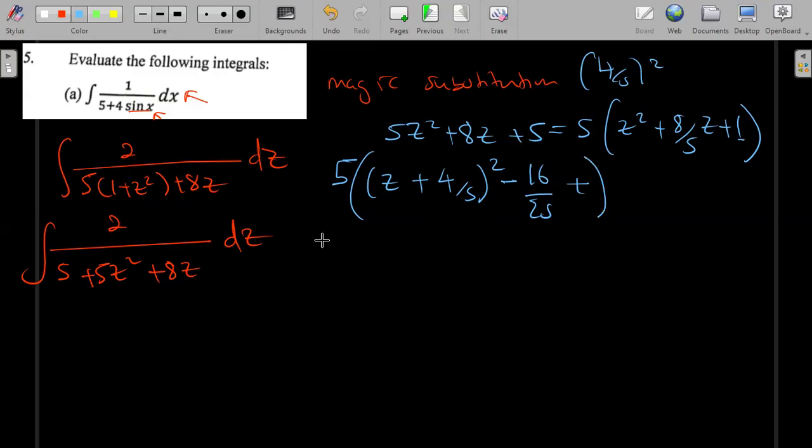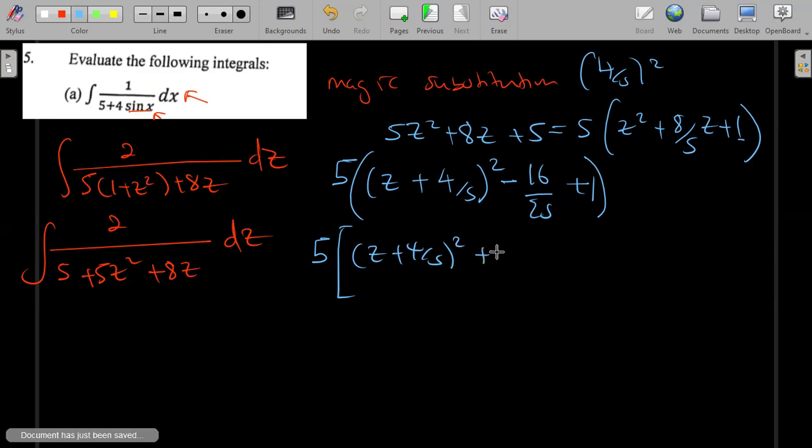Okay, then from here, I'm going to remain with the 5. So 5, then here, z plus 4 over 5, then squared. When I add this to the 1, which is there, I just get that this is going to be plus 9 over 25, like that. So this is what I get. Then from here, I can multiply the 5.